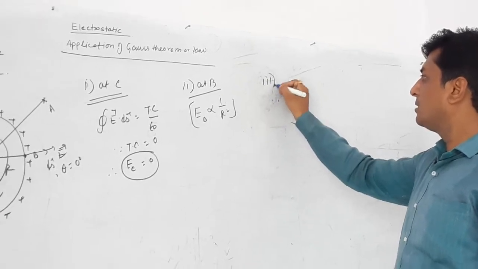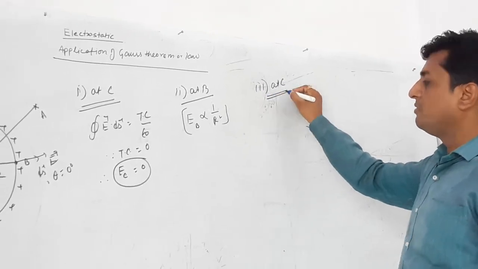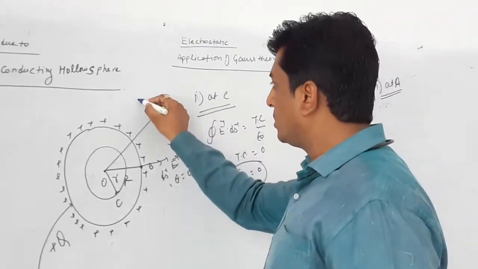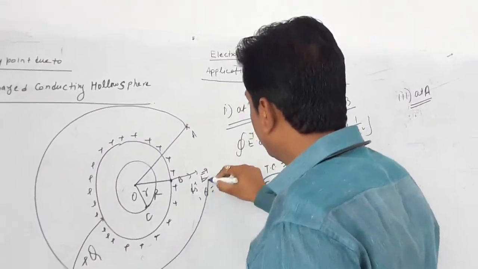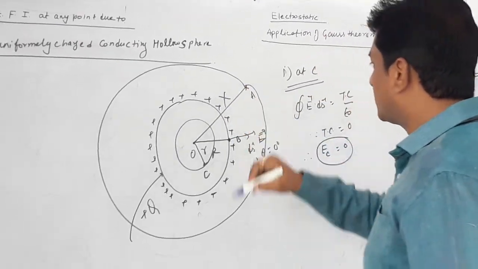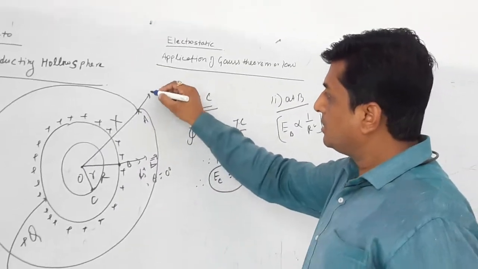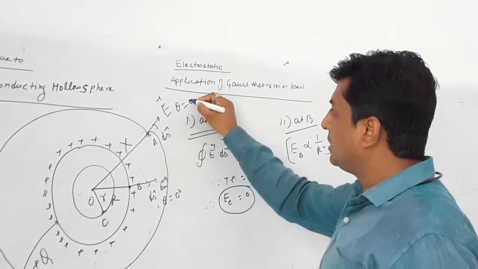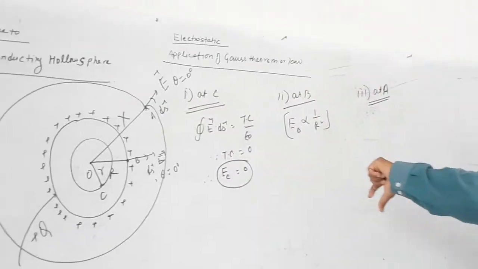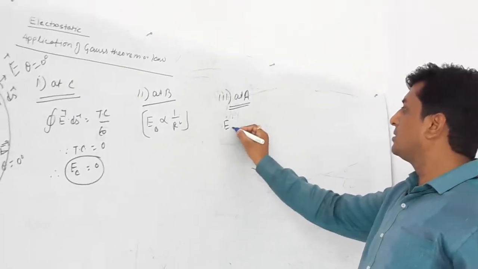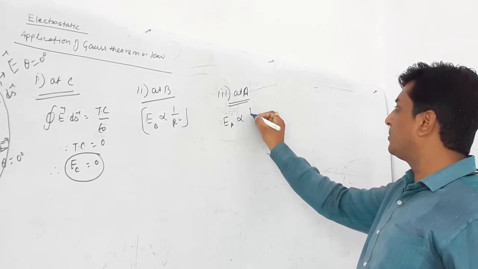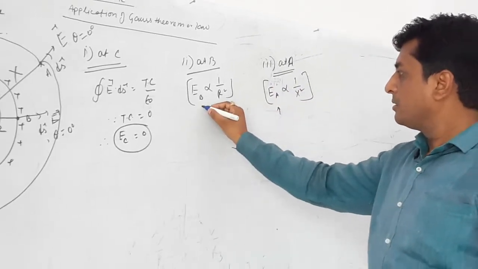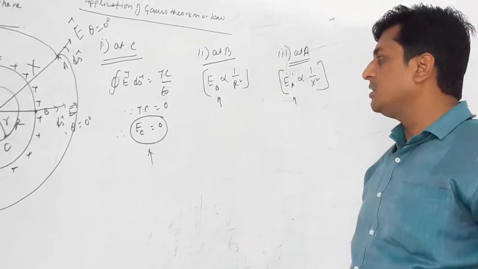Similarly at A, outside, draw a Gaussian surface. This radius is capital X, intensity direction is this, area vector is this, theta is 0 degree. Put all these values, you will get again the same result, intensity at A proportional to 1 by x square. So this is for outside, this is for the surface, this is for inside.